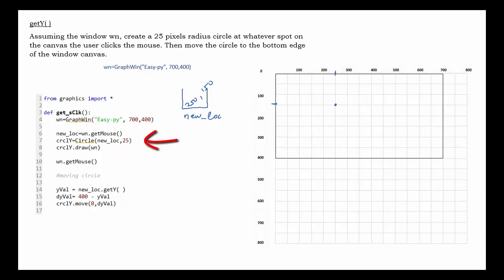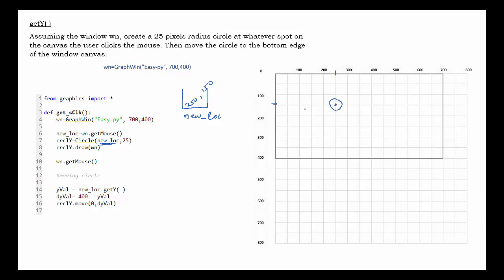Line 7 instructs the computer to create a circle at location new_LOC, so the system goes to this variable and grabs those 250 and 150 numbers and says, okay, this is the center of my circle, and I'm going to create it, and the radius is 25, so this is my circle at this exact location. The new location point will take its value from this bucket here, which is 250, 150.